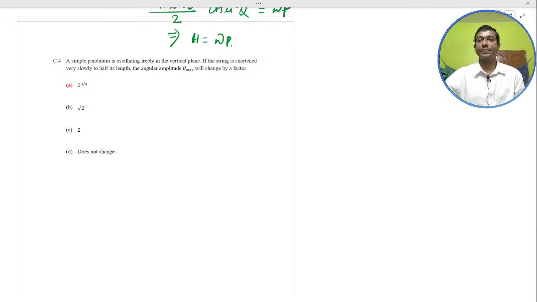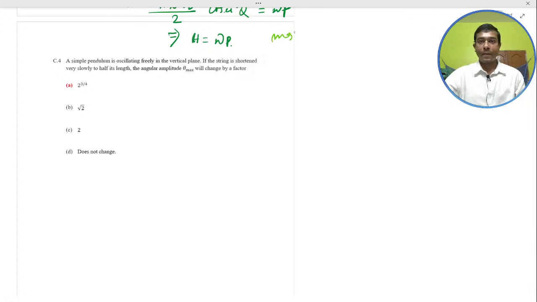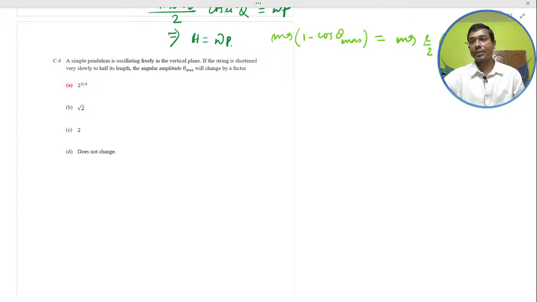That is, mg L times 1 minus cos theta max will become mg L by 2 times 1 minus cos theta dash max.